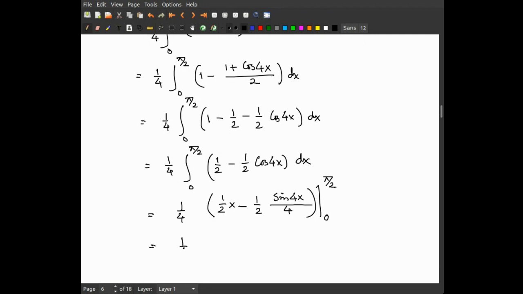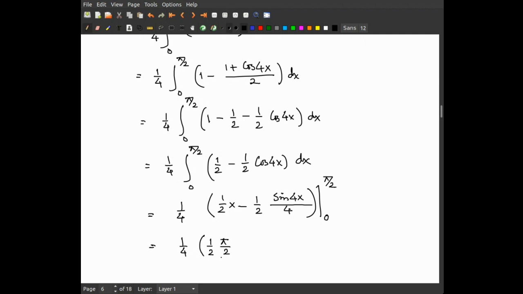Okay, so what do you get? Let's plug the value. So that would be 1 over 4, 1 half x equal to pi over 2. Now, if I plug the value pi over 2 on the next term, I can see that sine 4x becomes sine 2 pi. Now, sine 2 pi is again 0. We do not need to plug the value. Now, let's plug the lower limit.